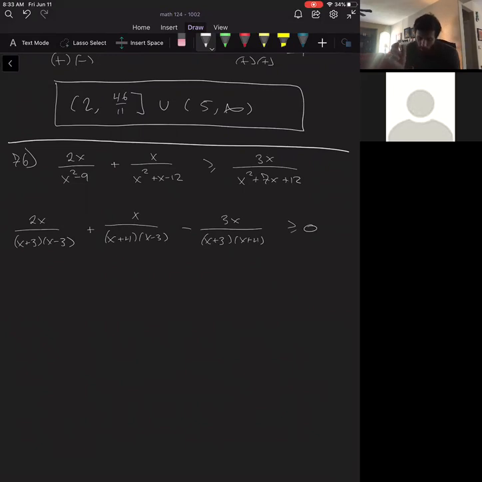So our common denominator is going to be x plus 4, x plus 3, x minus 3. So for this first bit, we need to put an x plus 4 on the top and also on the bottom. This one needs an x plus 3 on the top.